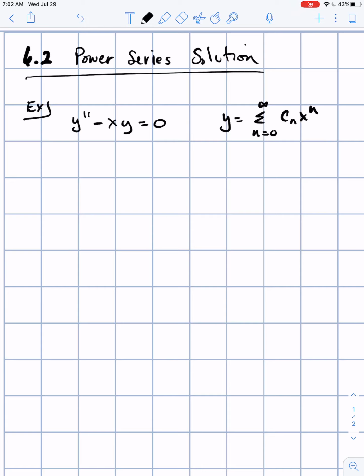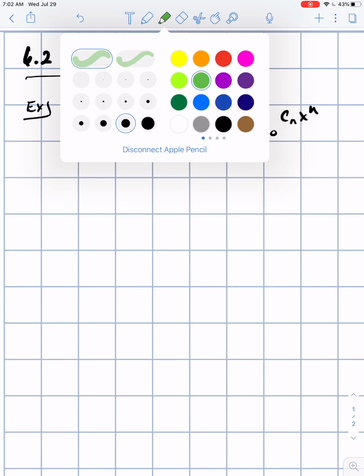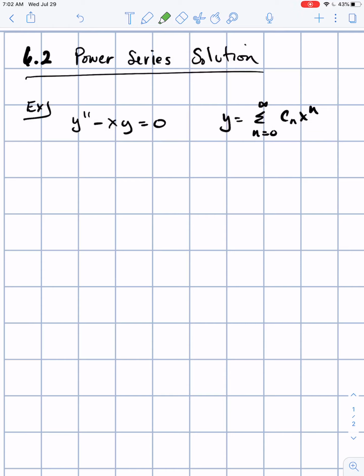Now, if you notice, right here we have the derivative. So you're going to have to take the first and second derivative and just use your properties. Remember that c is constant, and remember when you take your derivative, that first constant will be 0, so you want to go to the next term, which would be at 1, so it's going to be c of n times x to the n minus 1.